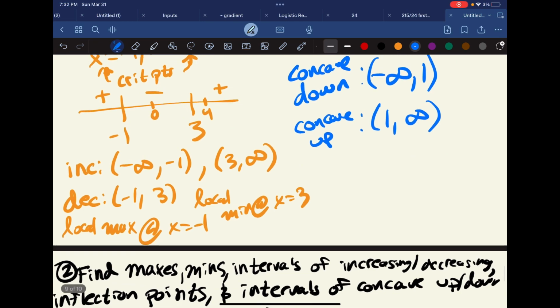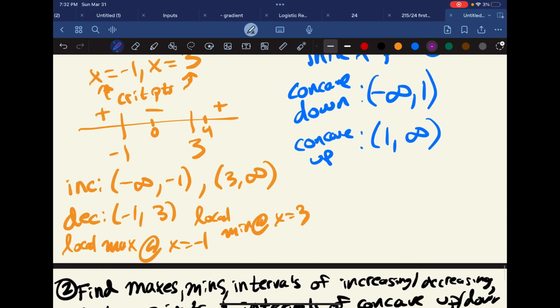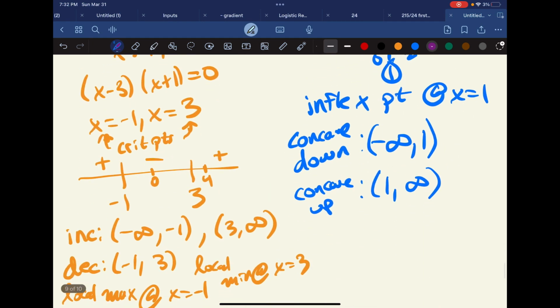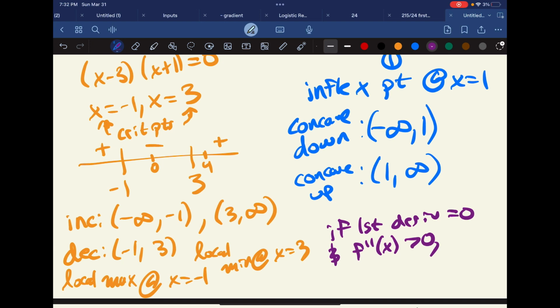And one other thing that might be important to know is, if your first derivative equals 0 and your second derivative is greater than 0, it's a local min.